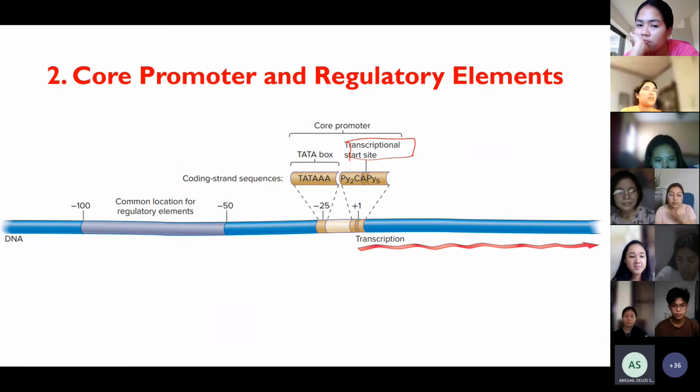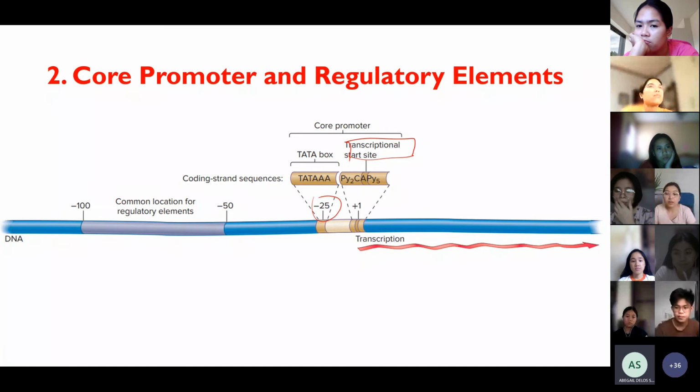And then the TATA box, which is approximately 25 base pairs upstream from the start site. However, the sequences that constitute eukaryotic promoters are quite diverse.